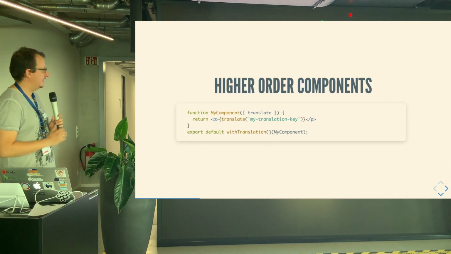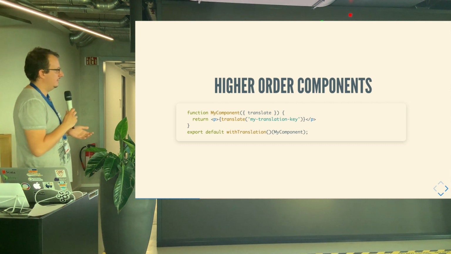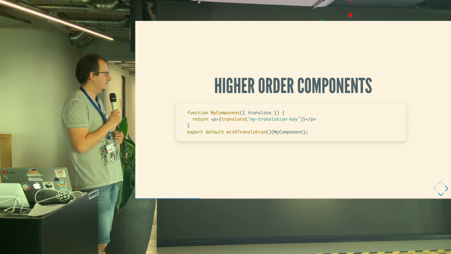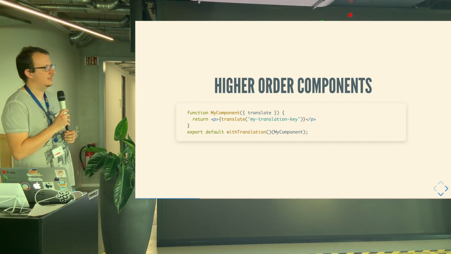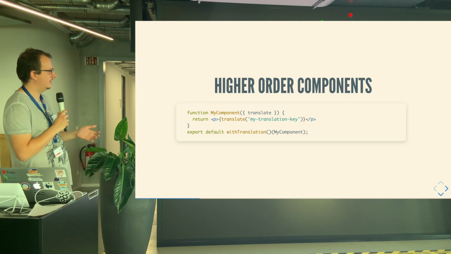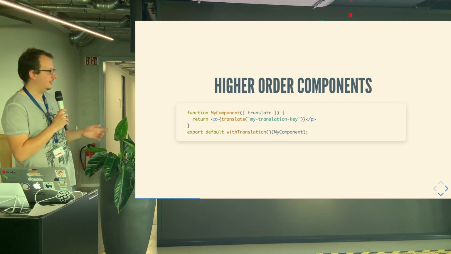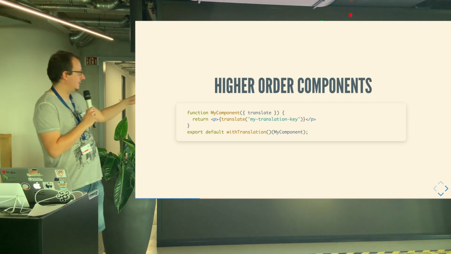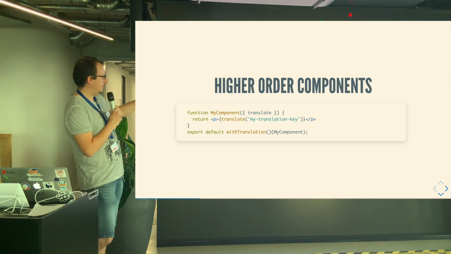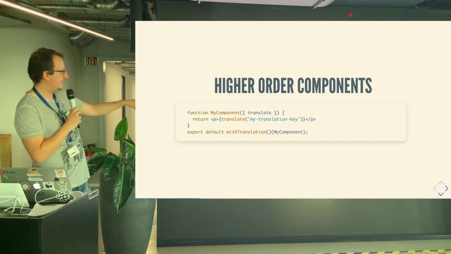You can also achieve the same behavior with higher order components. A higher order component is a component wrapping another component, basically. So here you see the pattern of props injection by the higher order component. You have your component which has the translate function as a prop.